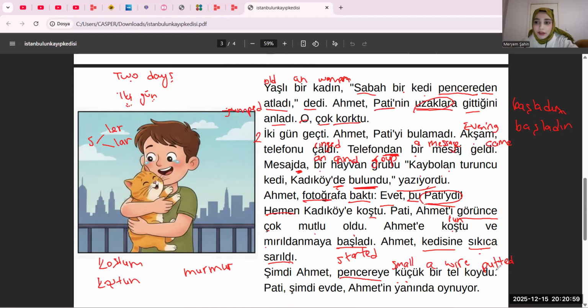For example, run: there is no suffix to make it past tense, but what about put? I'm not really sure. I feel like instead of teaching Turkish, I'm confusing you in English too. I'm sorry. So Ahmet put a small wire on the window. Pati şimdi evde. Now Pati is at home. Ahmet'in yanında oynuyor. He is playing next to Ahmet. Yanında. Next to Ahmet.